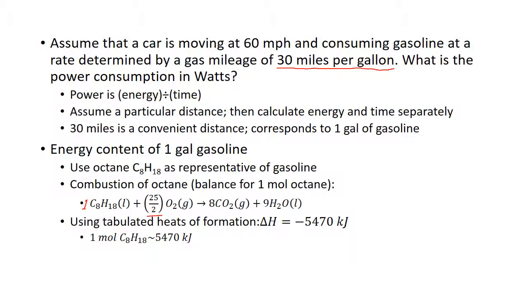We use tabulated heats of formation, products minus reactants, and we get for this reaction delta H is minus 5,470 kilojoules. It's exothermic, as we know it must be. So 1 mole of octane can supply us with 5,470 kilojoules, which gives us this equivalence relation that we can use in conversions.